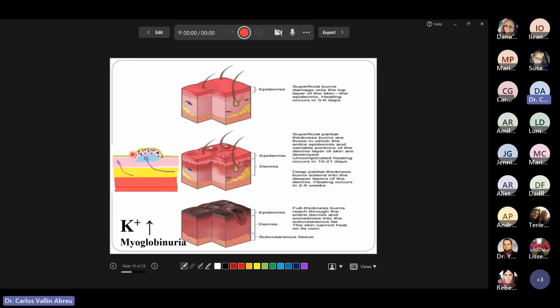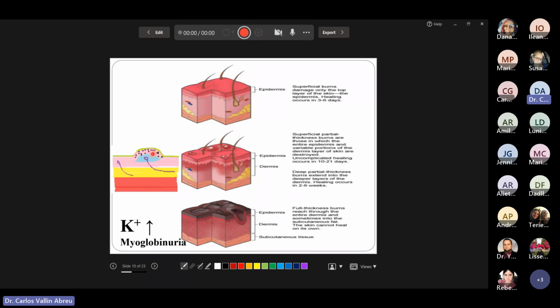This structure, this ceiling, this roof made by the dead skin and the liquid in the cavity is called a blister. So blisters are the classical, characteristic visible sign of a partial thickness burn.